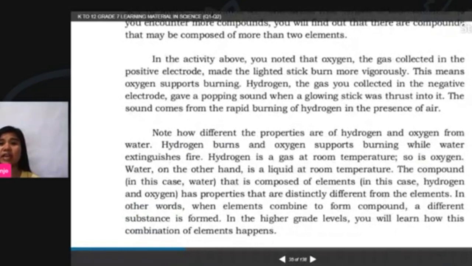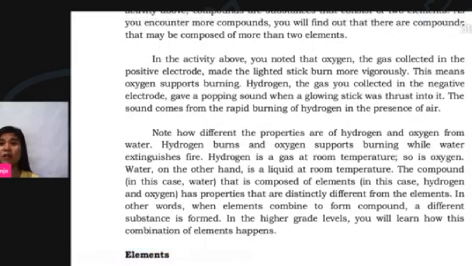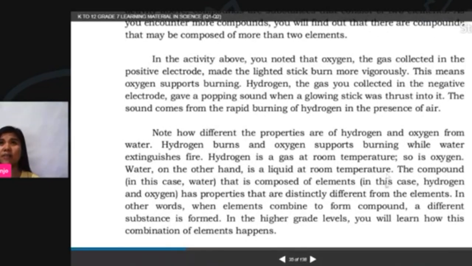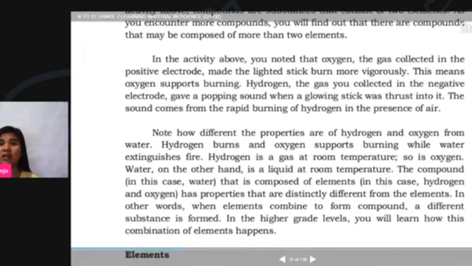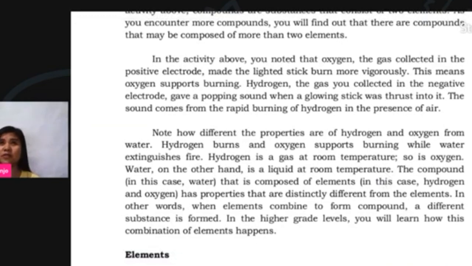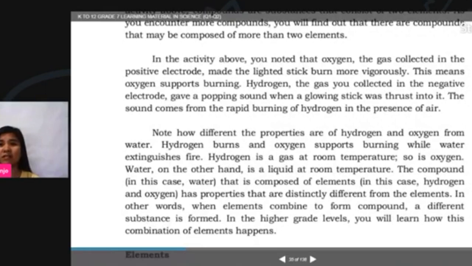Just like in the table salt, the components, sodium and chlorine, are poisonous, sodium is dangerous too, but combined it helps us taste our food better.